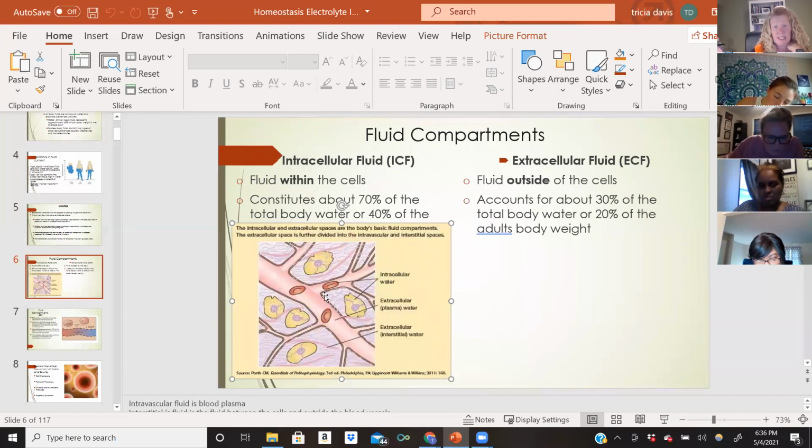Okay, so between the cells and outside the blood vessels. That's our extracellular or our interstitial, okay? So here's our extracellular, plasma and water. Here's the cell, that's our intracellular, and then our extracellular or interstitial, okay?